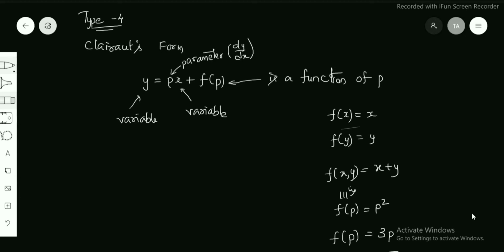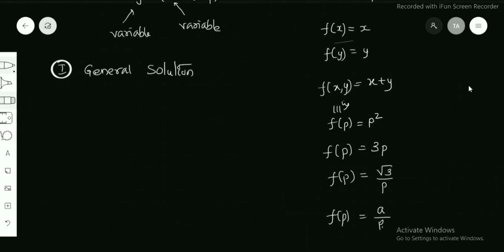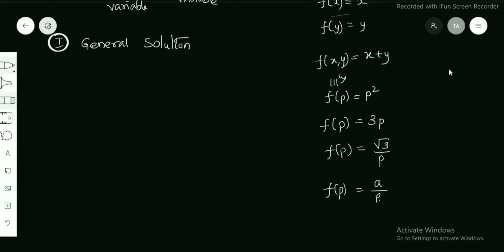Here we will be finding two solutions. One is called general solution. Second one is called singular solution.